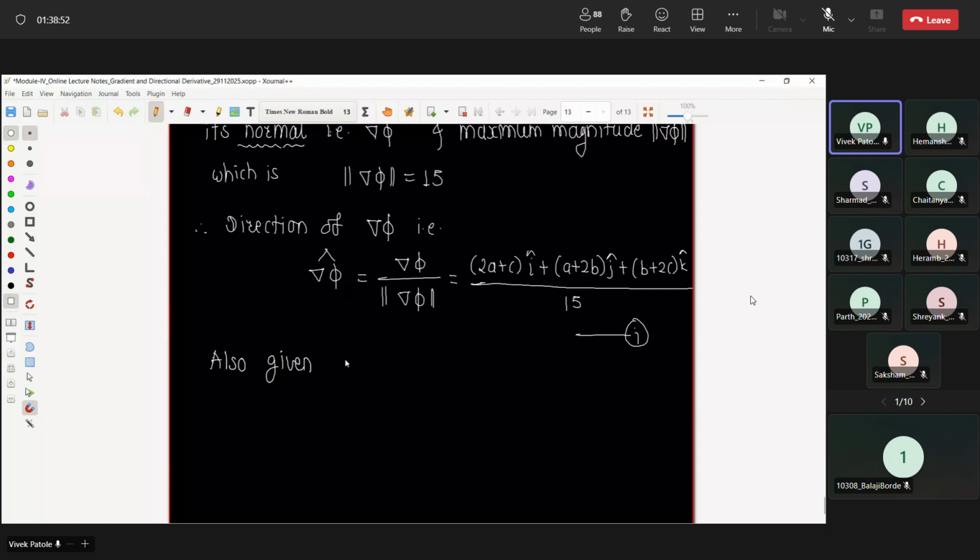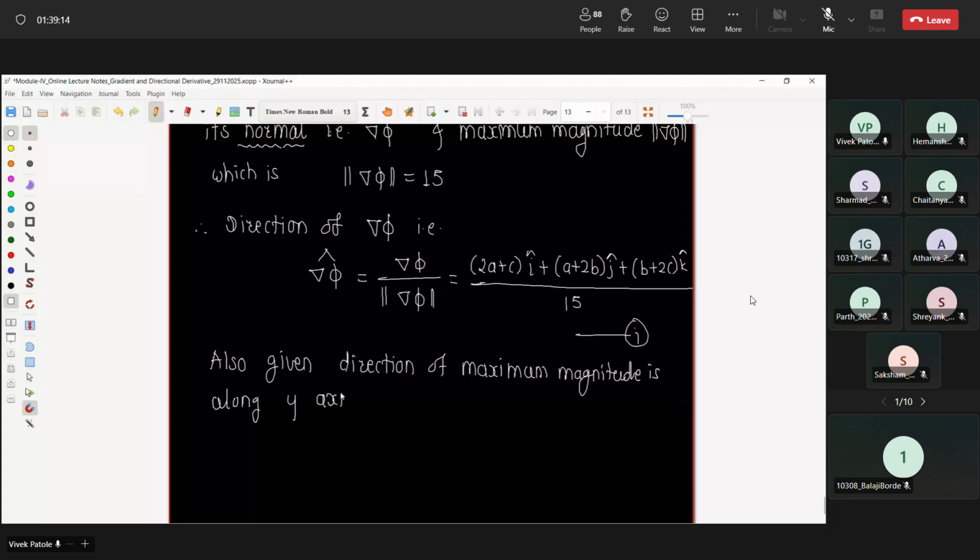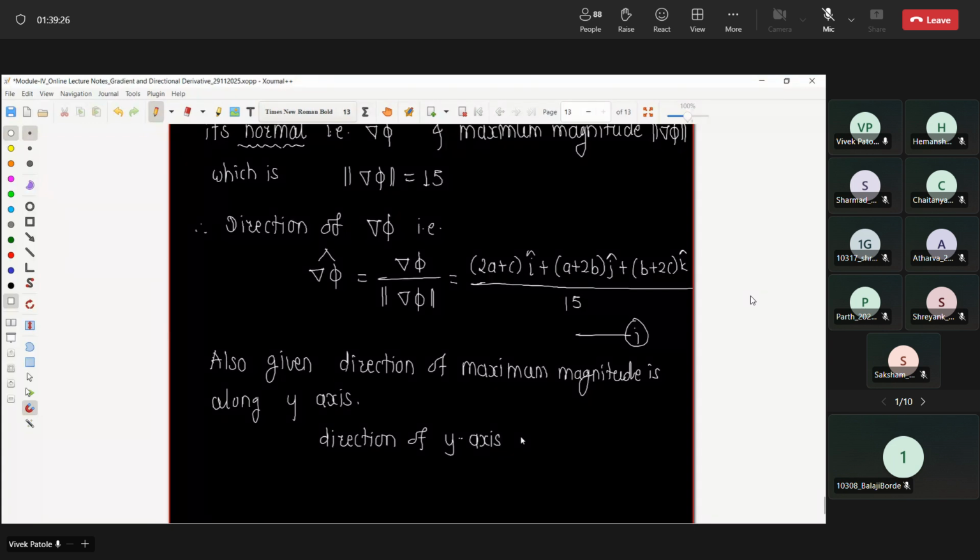also given is the direction of maximum magnitude, which is along the y-axis. The direction of the y-axis is what?